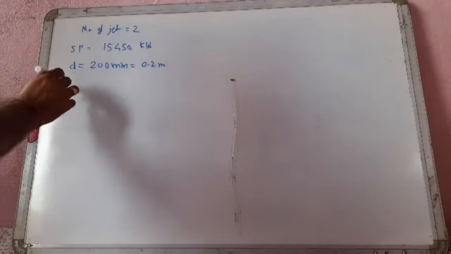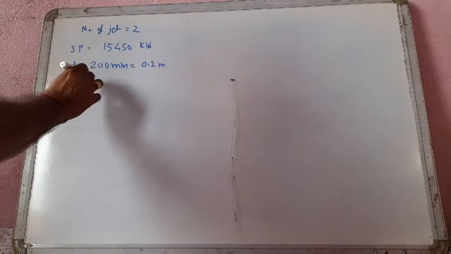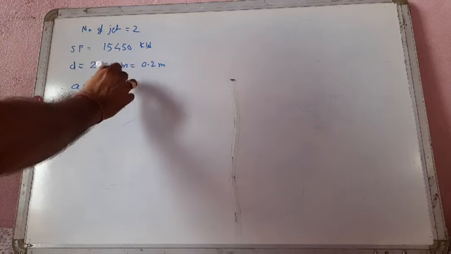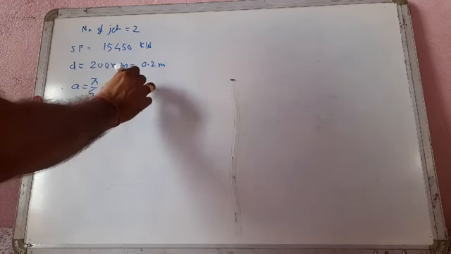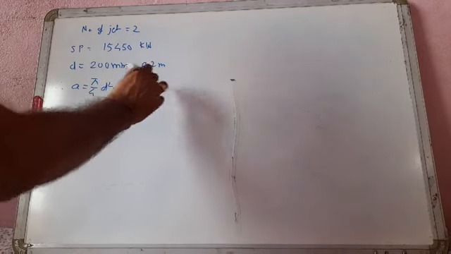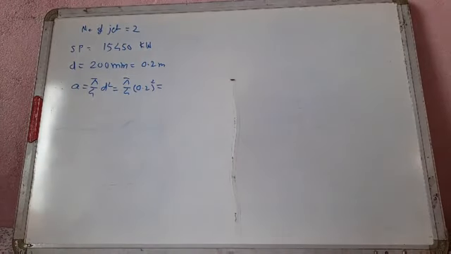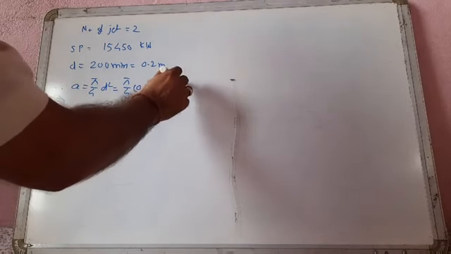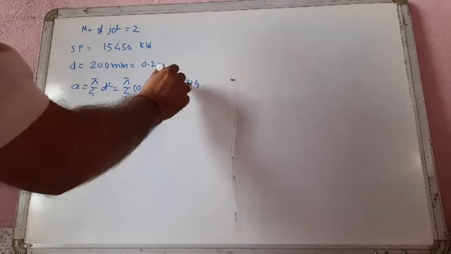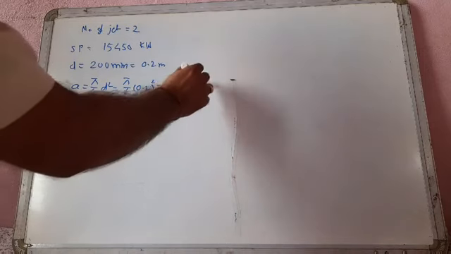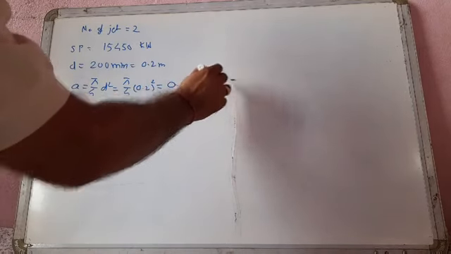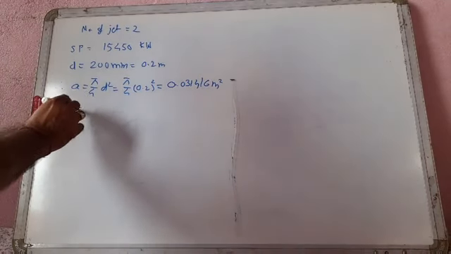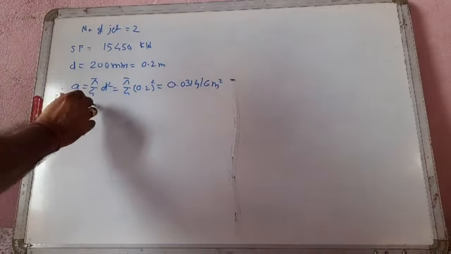So we have to find out the area of jet equal to pi by 4 d square, that is pi by 4 into 0.2 square. This area comes 0.031416 meter square. Net head is given 400 meter.